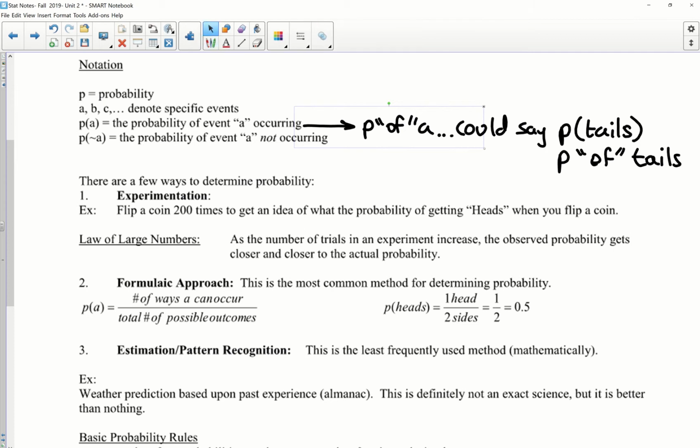All right. So there's no reason why you have to create let statements and use it to denote this particular situation. Like let A equal tails and then write P of A all the time. Unless you're going to write P of A like 13 different times, then you may want to do that because it's less writing. Right? But all this is saying, notation-wise, is that it's the probability of an event occurring. The reason I'm harping on this is because people have looked at that in the past and they say, I get everything about this unit, I don't understand where the P times A is coming from.